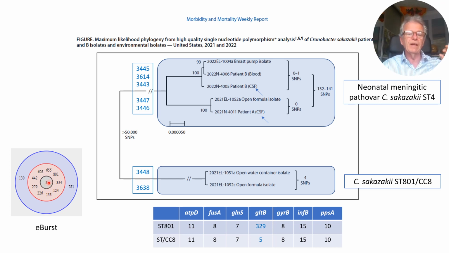So sequence type 8 is the founder for clonal complex 8, and then we've got all these others, and they've got one locus different. So here's 801, it's one locus different. If we were to look at the 7 loci for 130 or 781, we would find 2 loci different. So here we have one locus different, so it is in the clonal complex 8.